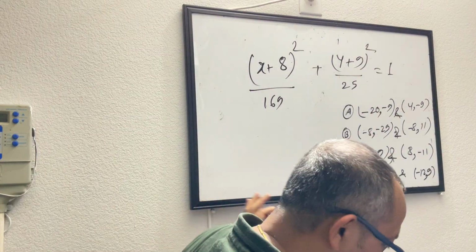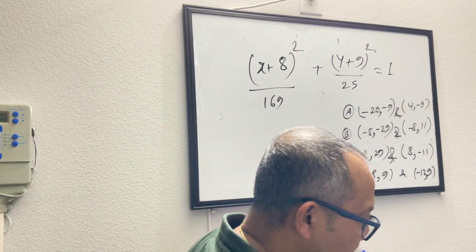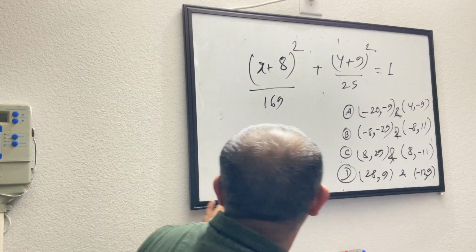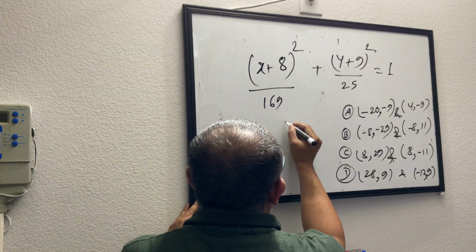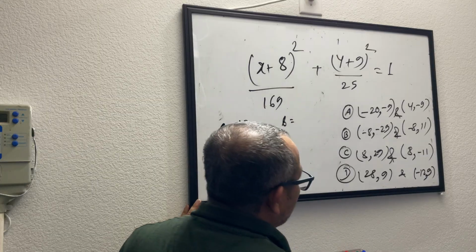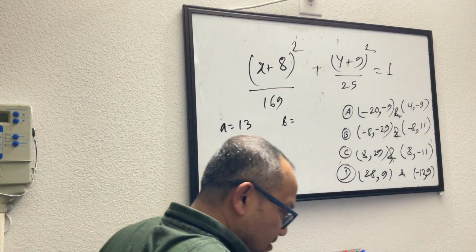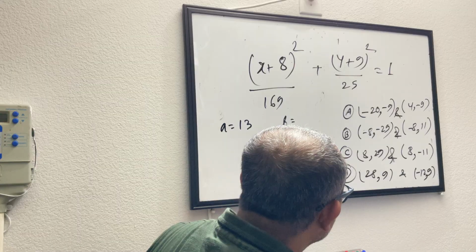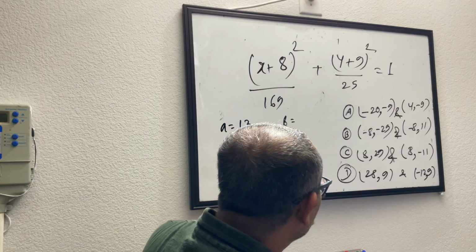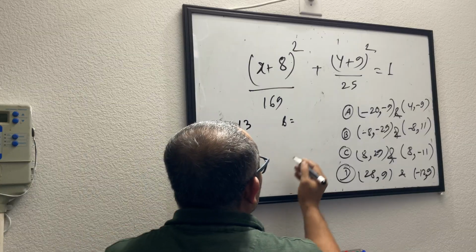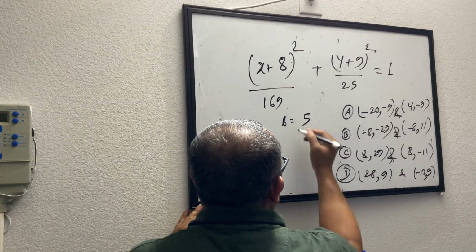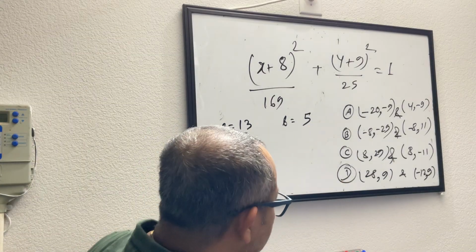The way I did it is I first look at both of the denominators and I see the A value is bigger, so I know the X values are going to change, so I eliminated B and C. So after that I'm only left with A and D, and I just calculated 169's square root at that step, and I got 12. And I just did the X value plus 12 and I got A.